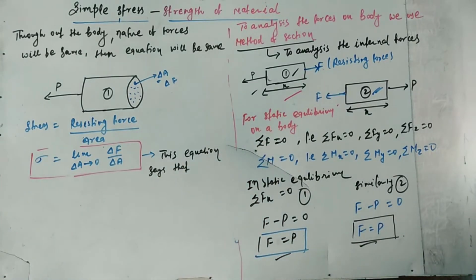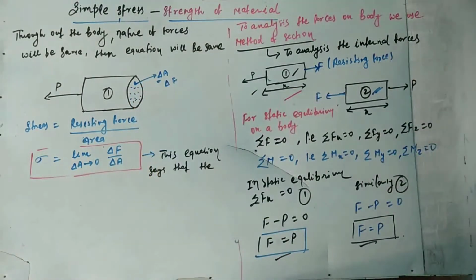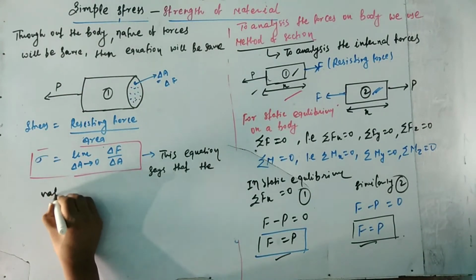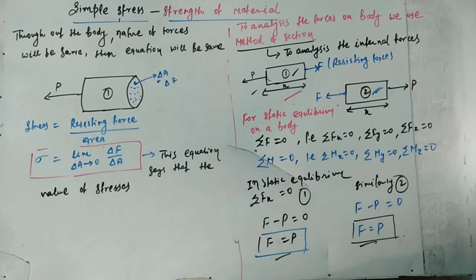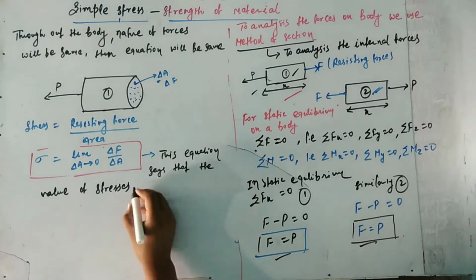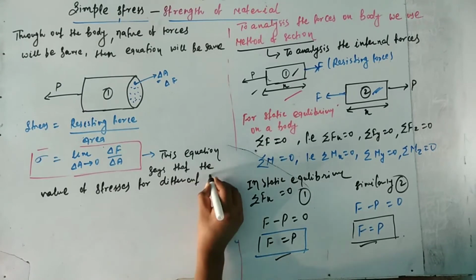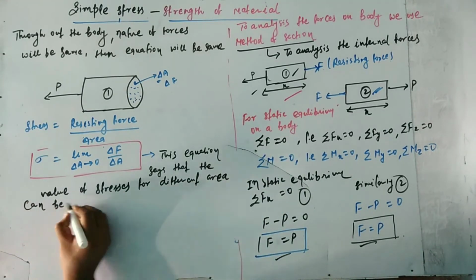The equation says that the value of stress for different areas can be different. The value of sigma for different del A can be different.